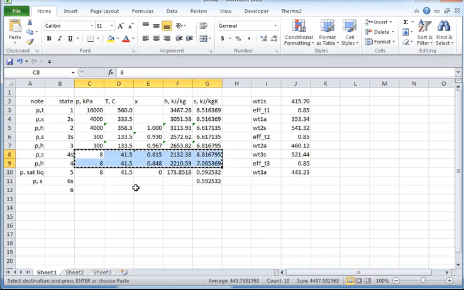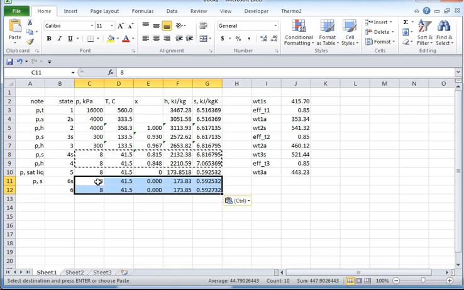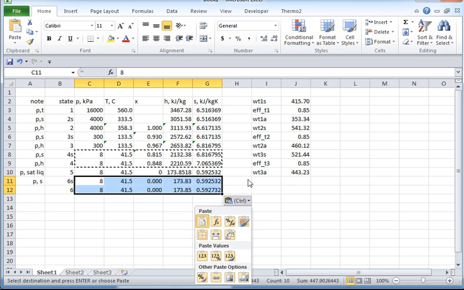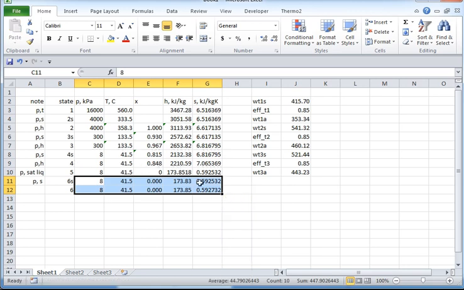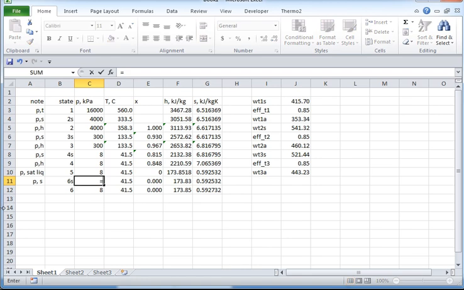So let me just copy down the sequence, or I could repeat it, doesn't matter. Okay, let me do it this way. All right. But our pressure is not 8 kilopascal, it's back to 300.